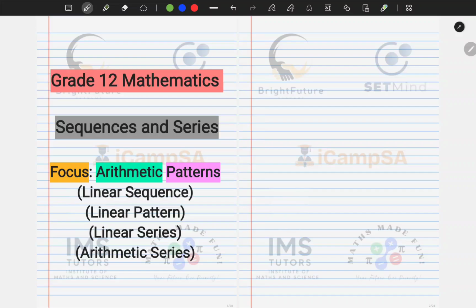You'll hear others saying linear series or arithmetic series. We are all talking about the same thing. The minor difference is that when it is a series, we just have a summation. And when it's a pattern, it is what we are used to, separated by commas at times. So let's get to it.